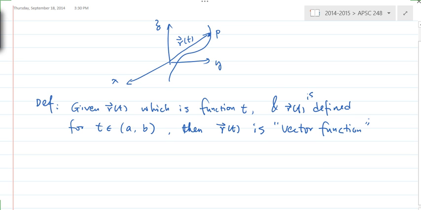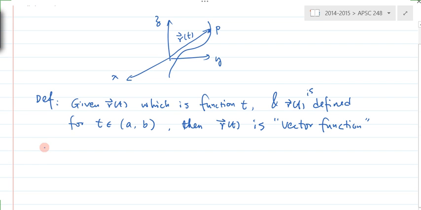So what's the difference between this vector function and a regular function that you learned in the first year? Those are what we call scalar functions. Make sure you know the difference. For example, we have f of x, that's a scalar function. And next week, we're going to look at multivariable functions, so f of x, y, z.